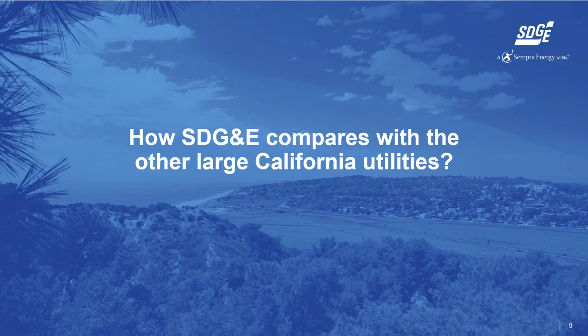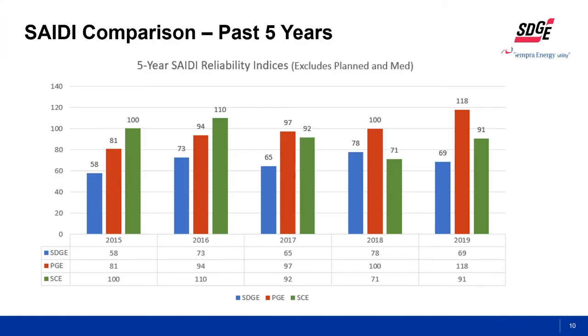All right, so you've heard about our programs and you've heard about some of our accomplishments and awards. And here's the part of the session where we will discuss how electric service reliability is actually measured and tracked. And these measurements are common across not only the state of California, but across the utility industry as a whole. And this next chart is simply a bar chart that shows the 5-year SAIDI, that's the duration index, the 5-year SAIDI reliability measure for the 3 large investor utilities in the state.